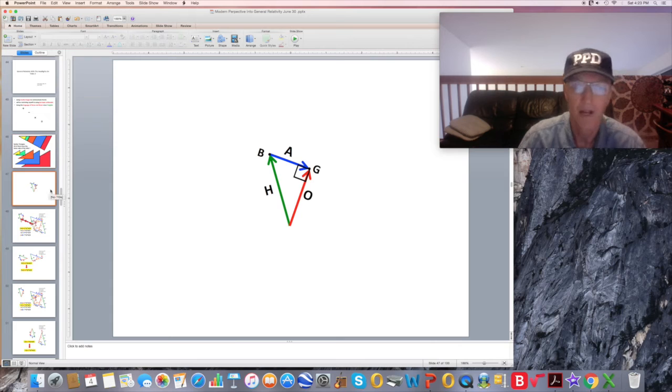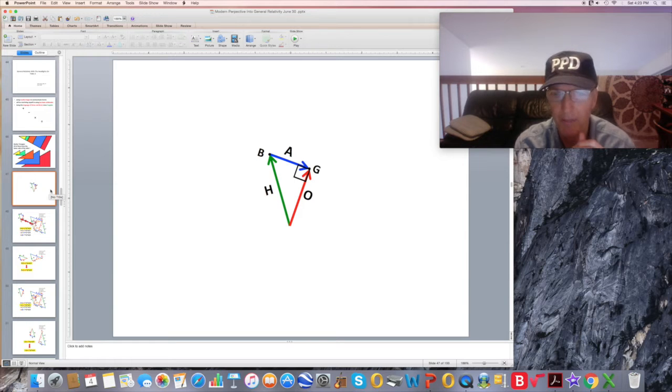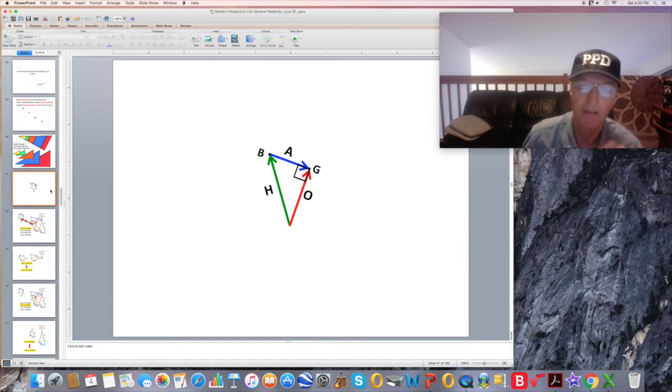So I'm going to be using what I presented in more detail in the last presentation, number 2. Basically, I've drawn two momentum vectors, this one along H, the green line, and the one along O, the red line.